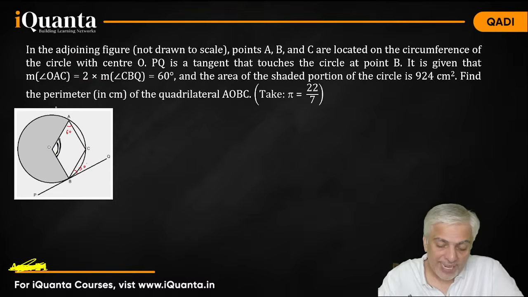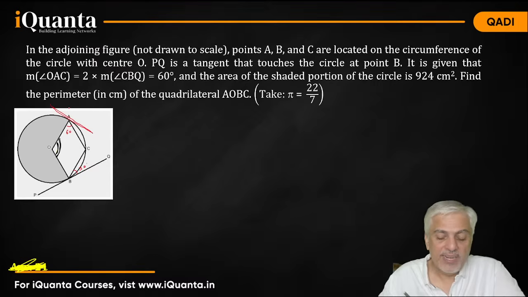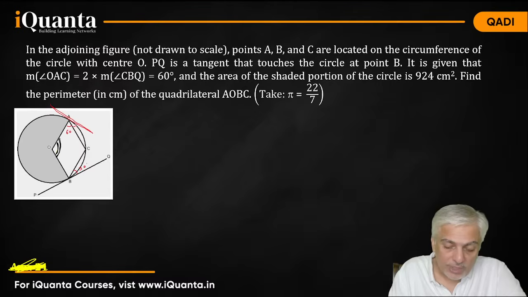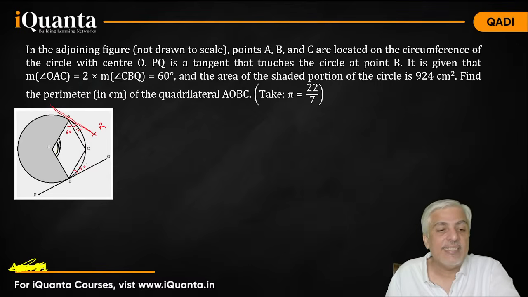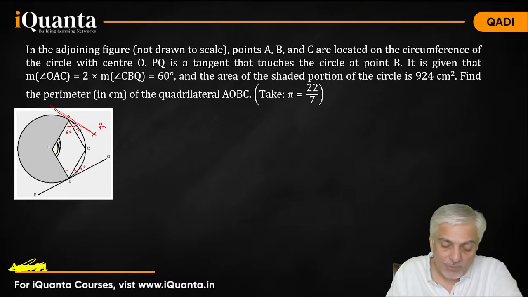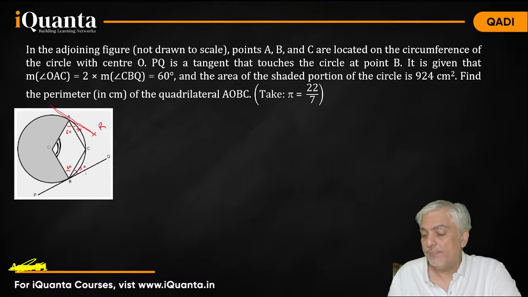If I also had a tangent at A, do you agree this small angle also would be 30 degrees? Suppose this was R, then angle CAR will also be 30 because OAR will be 90, tangent and radius. Same logic, so the angle over here is also 60 degrees because OBQ is also 90.